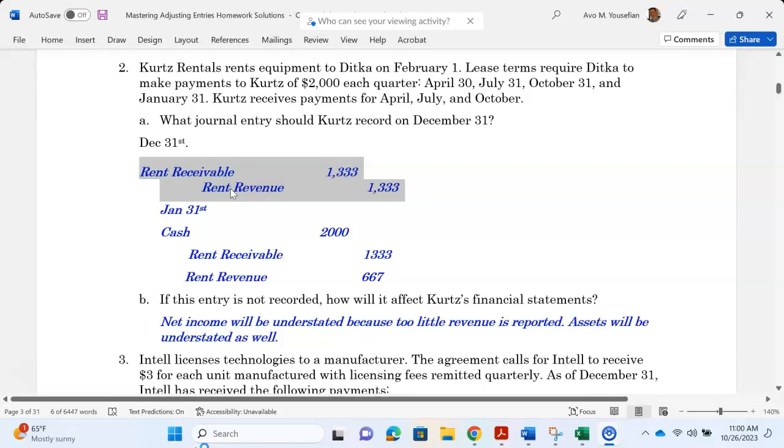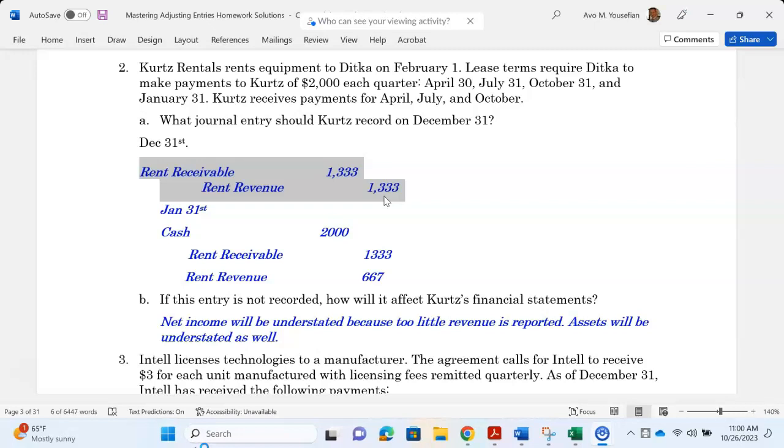If you don't recognize this revenue in the income statement, your revenue will be understated. If revenue is understated, that means net income will be understated. And if net income is understated, then your retained earning in the equity will also be understated.